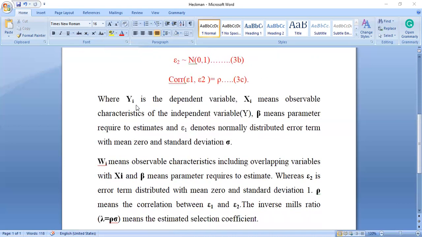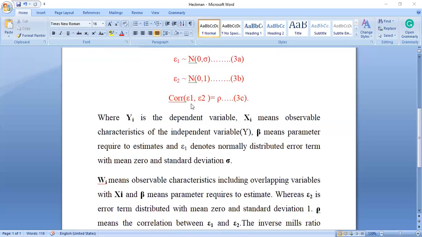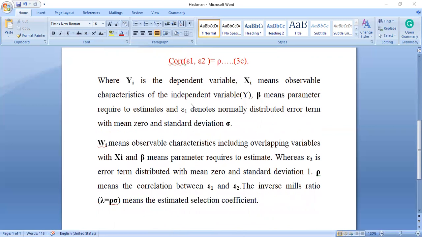And rho means the correlation between the two error terms, epsilon 1 and epsilon 2. If rho is positive, then we can say that there is a correlation between the two models, and we can explain that the model is good, whereas lambda is our model specification, which is equal to rho times sigma, meaning the estimated selection coefficient.